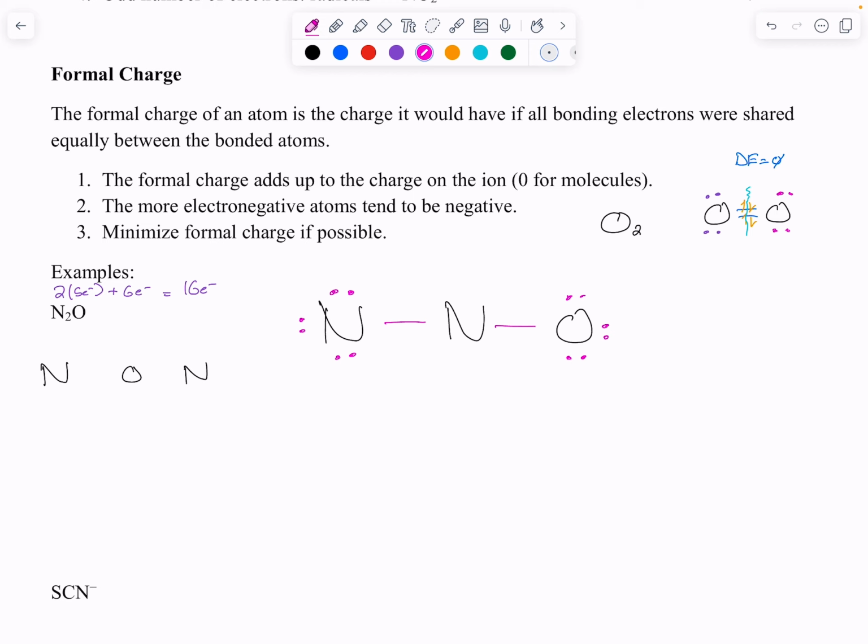Is that good? Well, the nitrogen on the left: 1, 2, 3, 4, 5, 6, 7, 8. Good. The oxygen on the right: 2, 4, 6, 8. Good. Nitrogen in the middle: 4. Not good. Well, what are my options? I can double bond each side. So we're going to do that first.